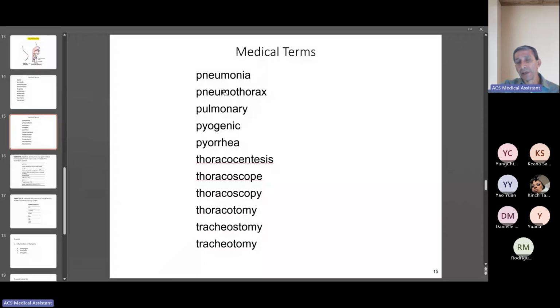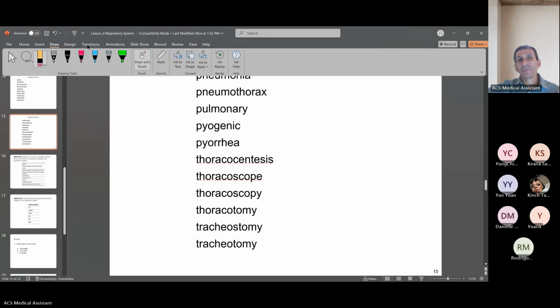The air is deposited somewhere within or outside the lungs, within the membrane that protects the lungs. So that causes problems. That's called pneumothorax. Pulmonary, just pertaining to the lungs. Okay, moving on.